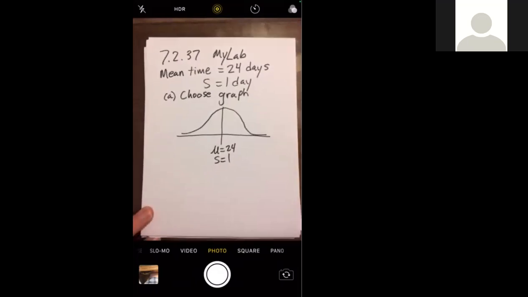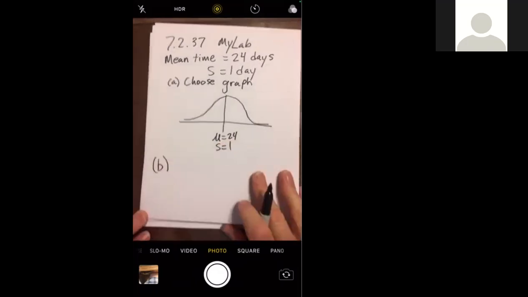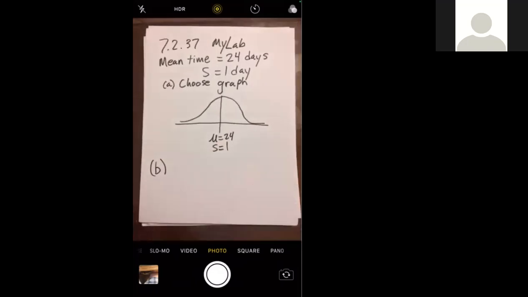What does part B say? The graphs that I'm seeing here are different.